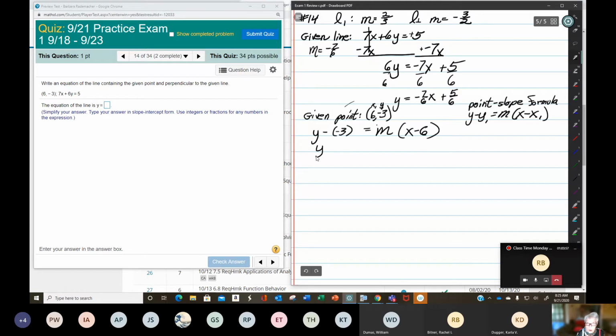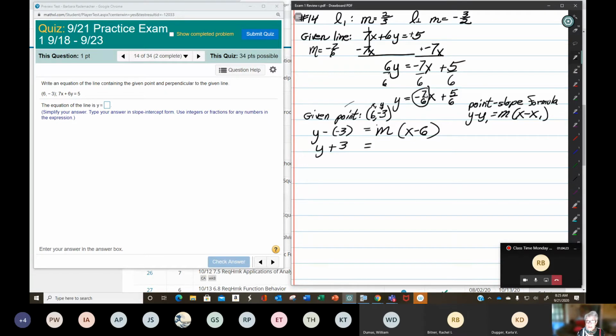Okay, so this is y plus 3 equals, I have to take the opposite reciprocal of -7/6. Okay, so the opposite part means opposite sign. So since this is negative, this is going to be positive.